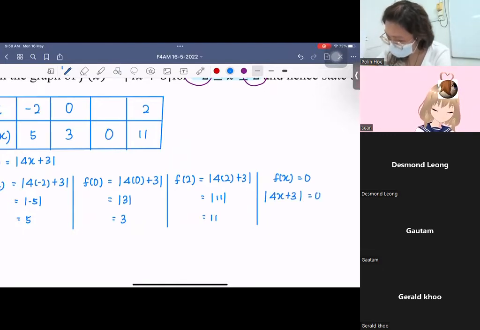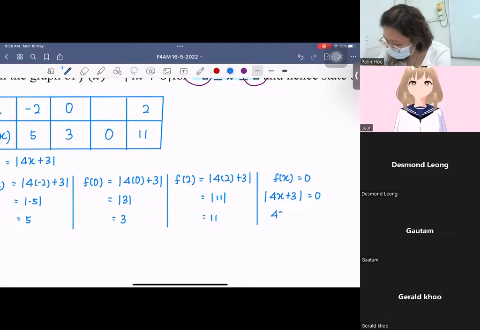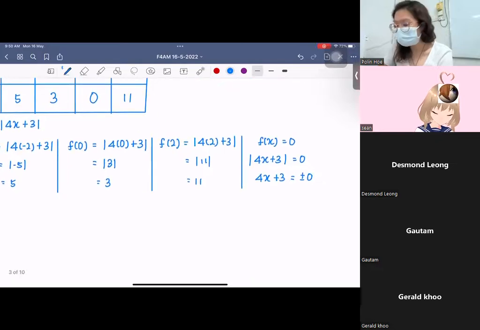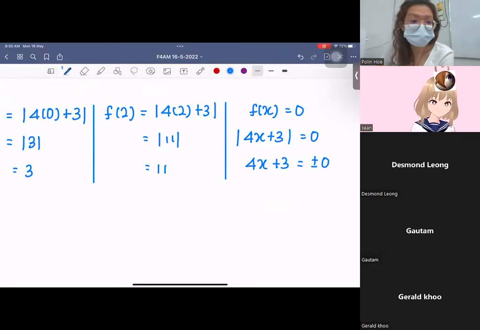is equal to 0. To cancel the modulus, make this plus minus 0. But my dear friends, is there any difference for 0 to be positive or negative?